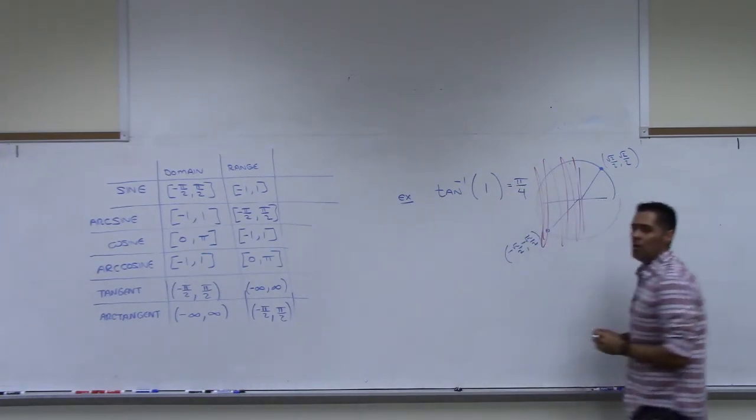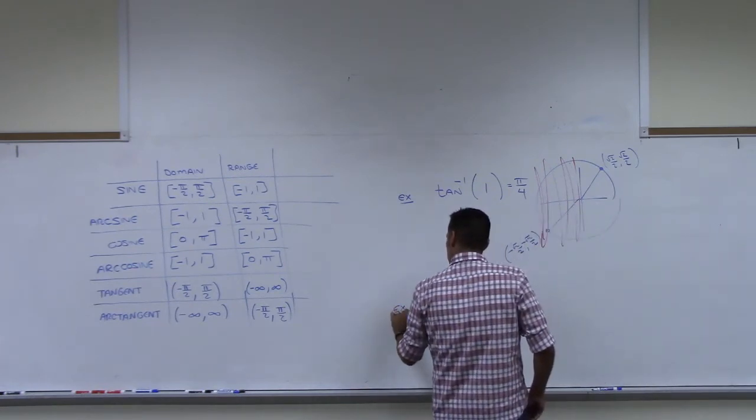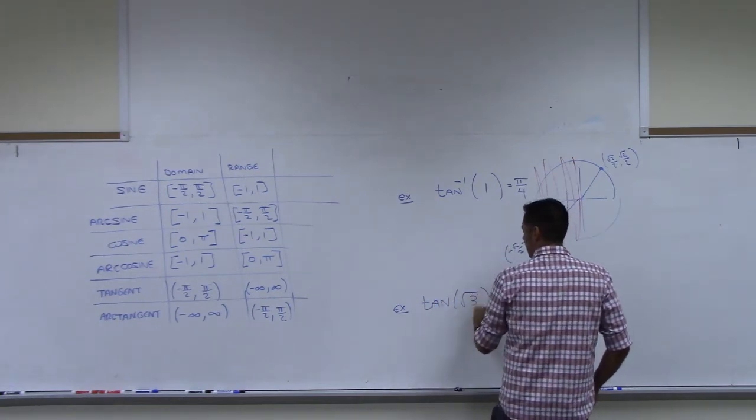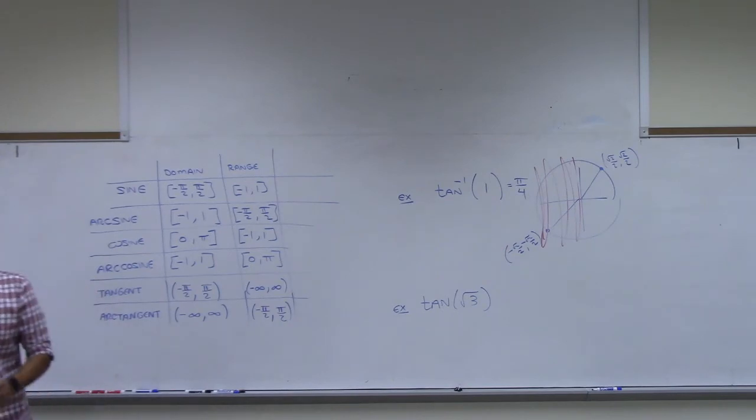Now, these get a little harder to do. Let's do another one. What would arctangent of the square root of 3 be? You need the ratio of the y-coordinate over the x-coordinate to be root 3. Pi over 3.